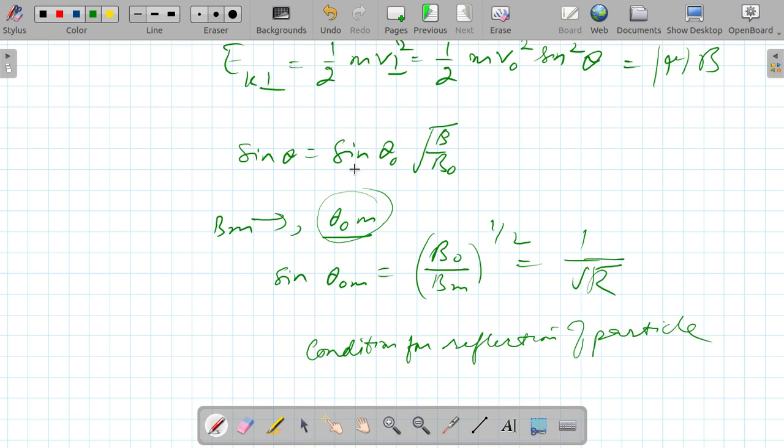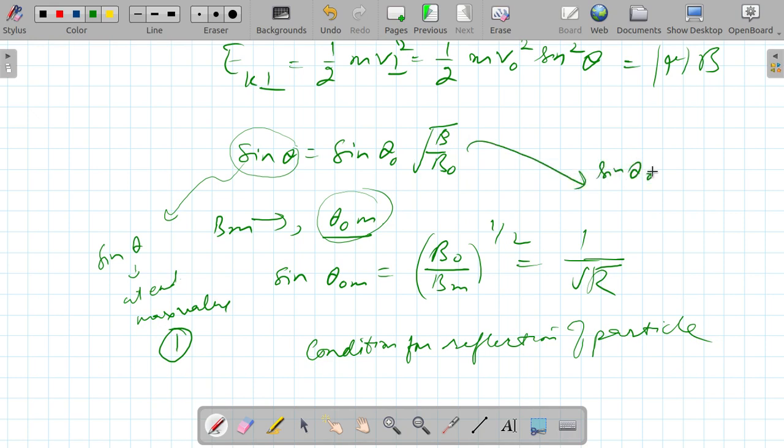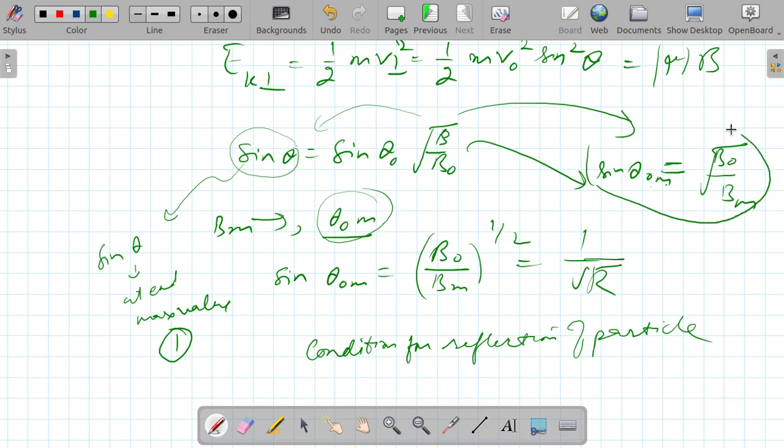Because what will happen is that sine theta at the ends gets its maximum value, which means it becomes 1. So from there, sine theta naught with respect to the ends is equal to the square root of B naught by B. It gets reciprocated, this side becomes 1, and that is why we have written it in this form, using the earlier equation of the magnetic mirror.